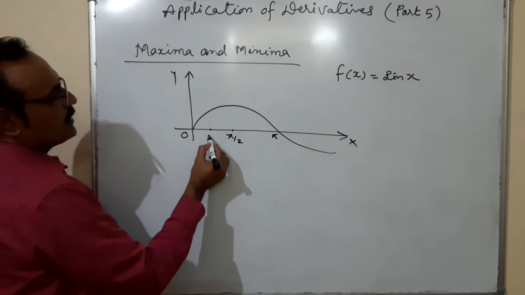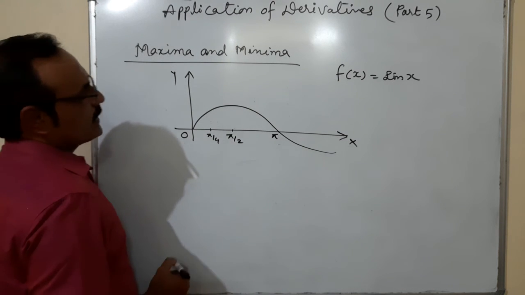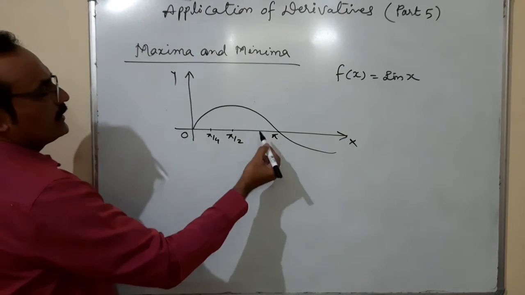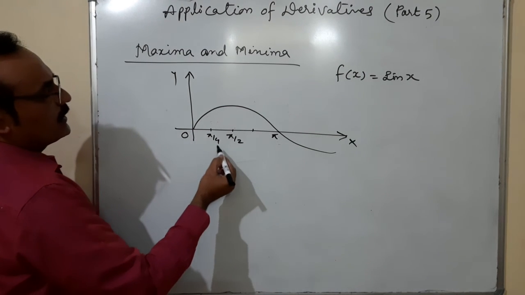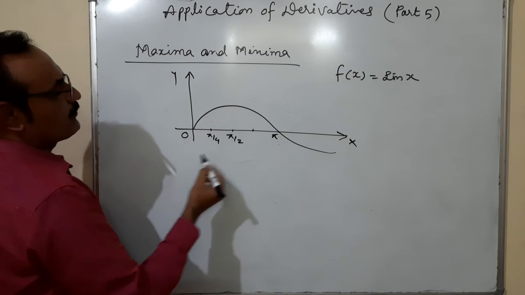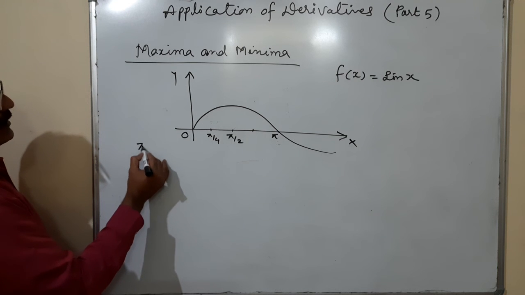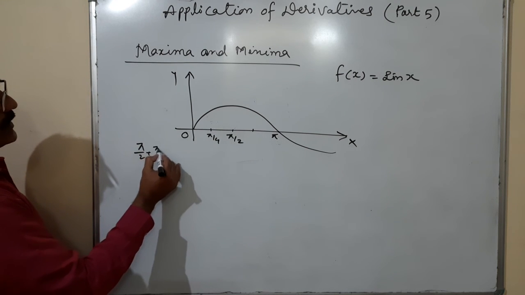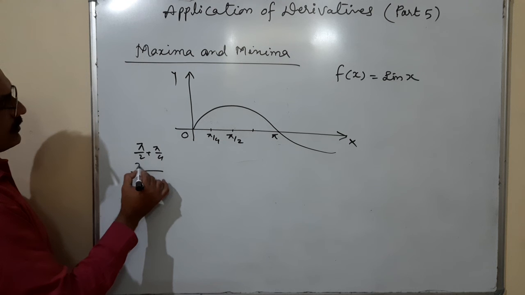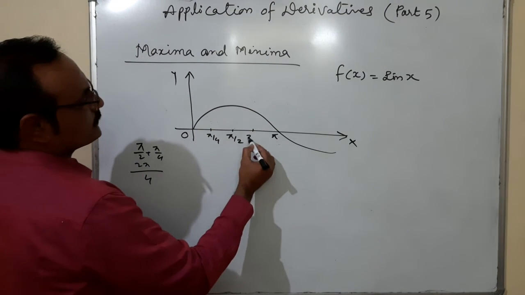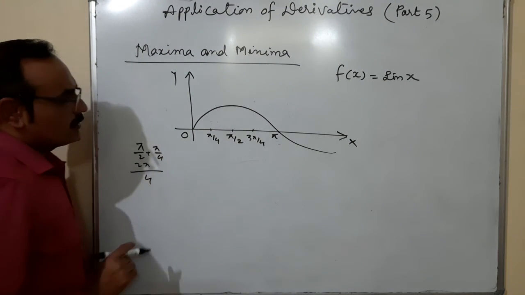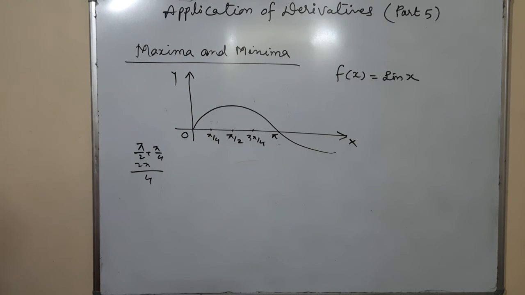Between them there is pi by 4, and between 90 and 180 there is 135, which is pi by 2 plus pi by 4, that is 3 pi by 4. So these are the points on the function.